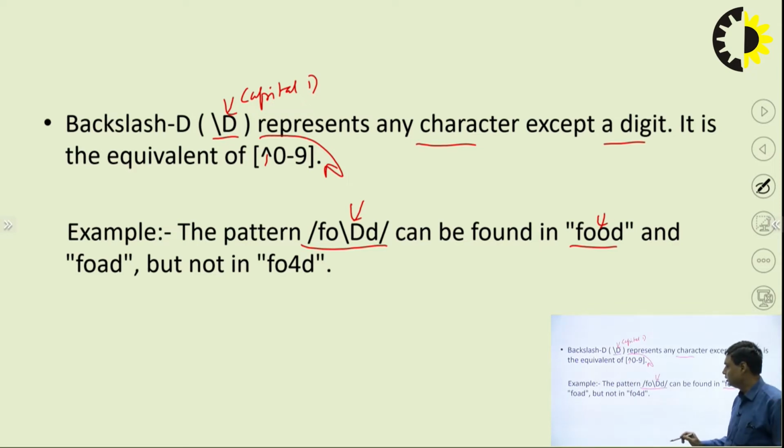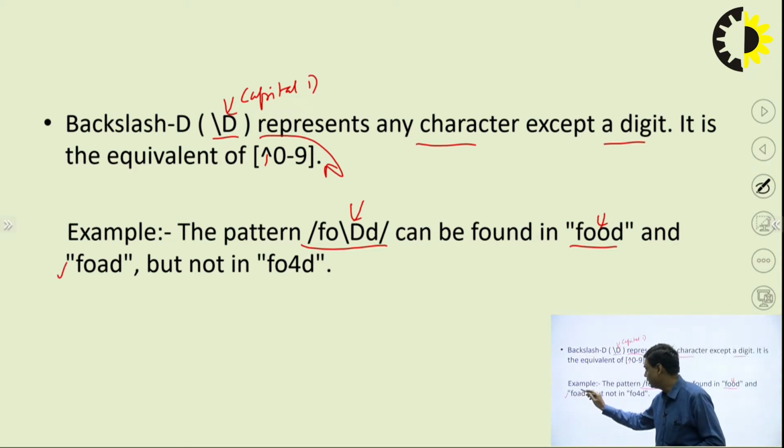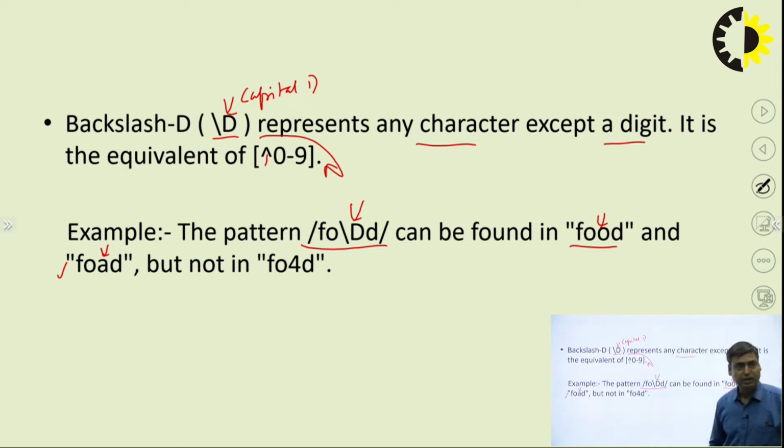This string is also valid because at this position A is there, not a digit. But this string is invalid because in the regular expression we have made it mandatory that at this position there should be a character, any character other than a digit. But here the fourth character is a digit, therefore this string is not valid.